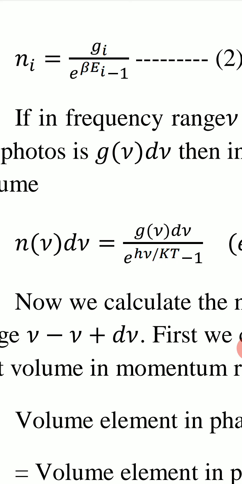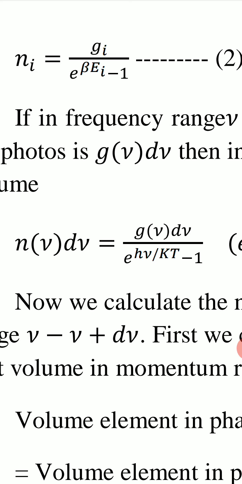So on the right hand side, in the denominator, this exponential becomes e to the power h nu upon kT. H nu is for Ei, energy, and for beta we write 1 upon kT. So from the Bose-Einstein distribution law, we write this equation for the number of photons per unit volume in the frequency range nu to nu plus d nu.